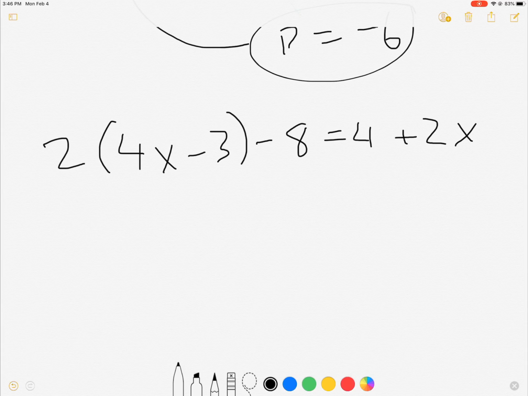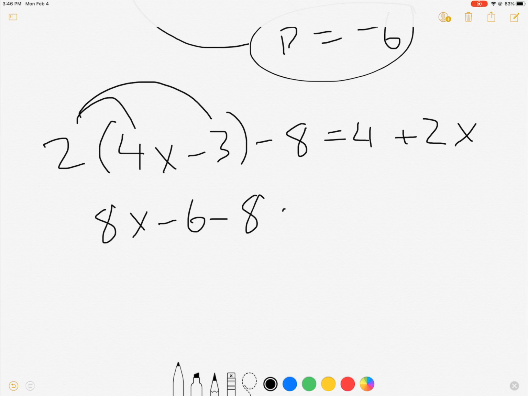You notice for this equation there's just one variable, so essentially you're solving for x. First step is I'm going to distribute the 2 in this expression. That's going to give me 8x minus 6 minus 8 equals 4 plus 2x.